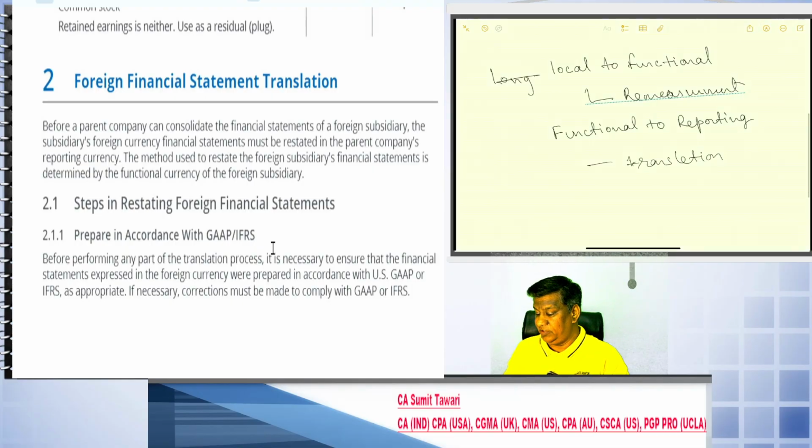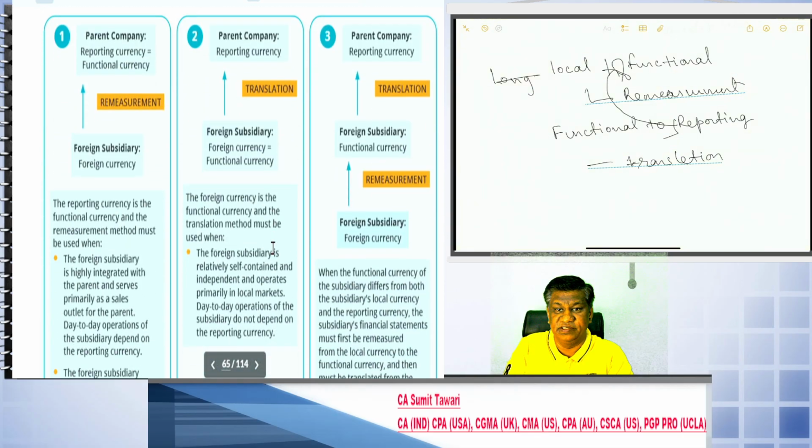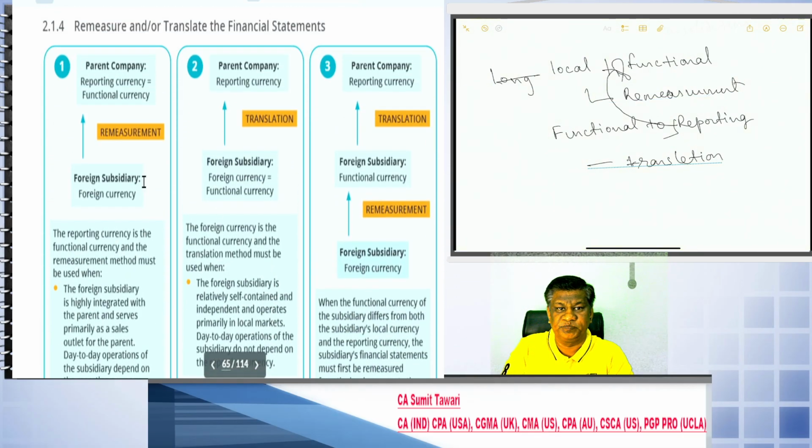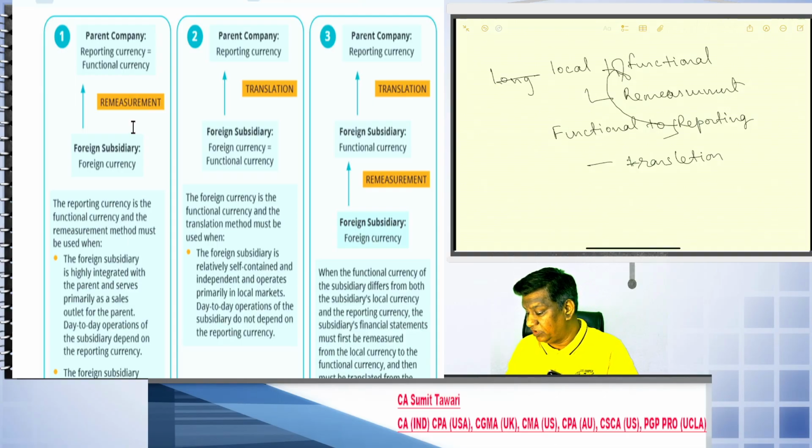If the functional and the reporting currency are the same, like we can see here, then you need to do the remeasurement.